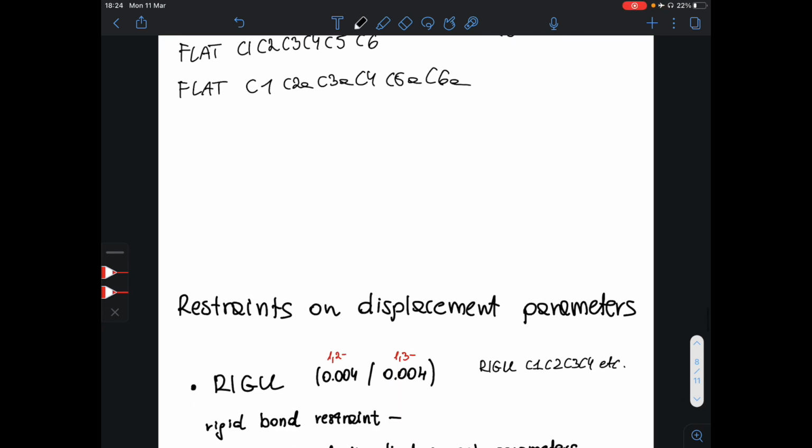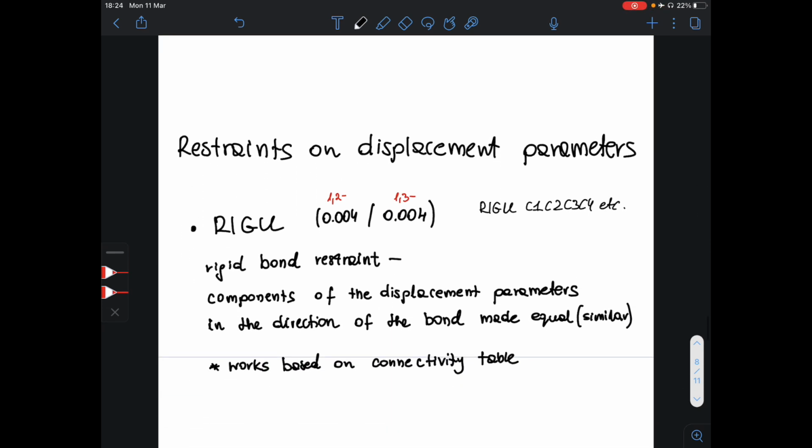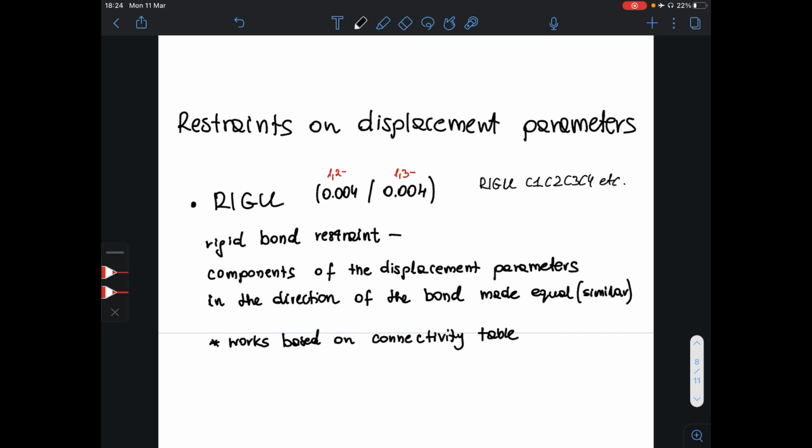Okay, now the last part, restraints on displacement parameters. The first restraint I'm going to introduce to you is RIGU. It's a rigid bond restraint, and what it does is it makes the components of the displacement parameters in the direction of the bond equal or similar. As you can see, the strength of this restraint for both 1,2 and 1,3 distances is quite large.